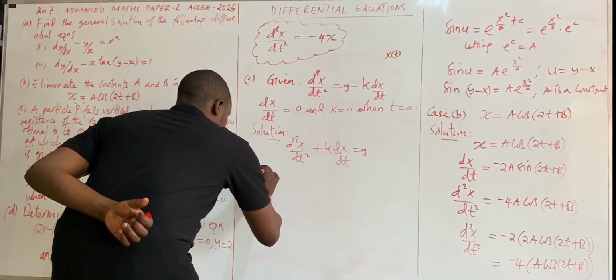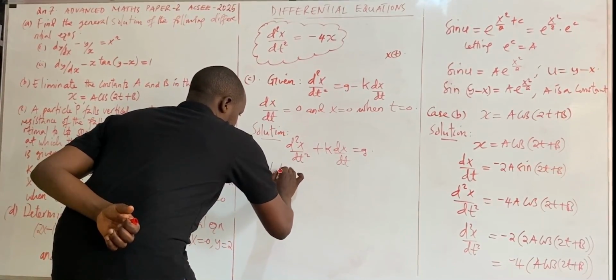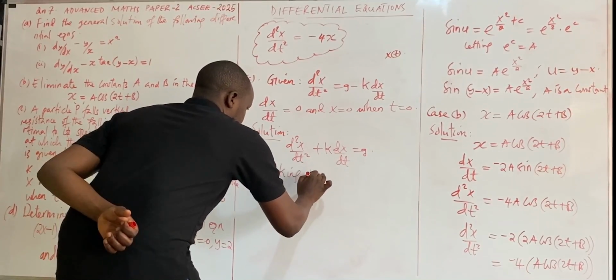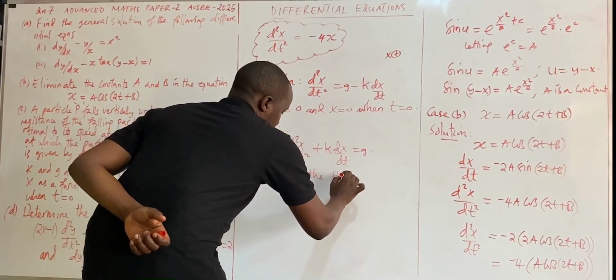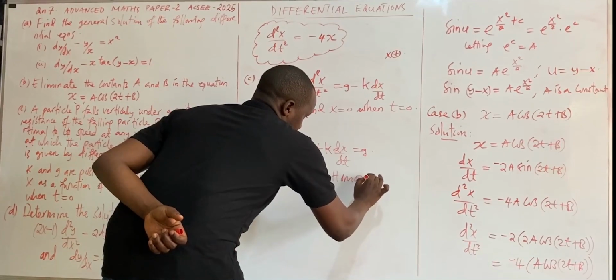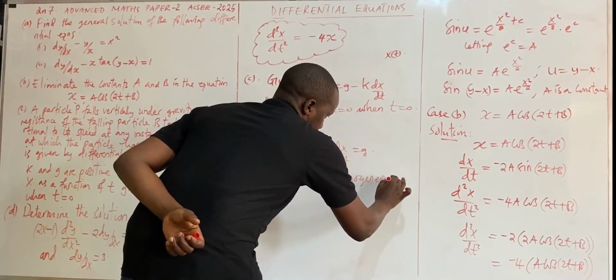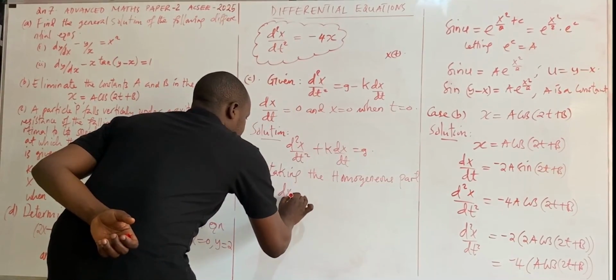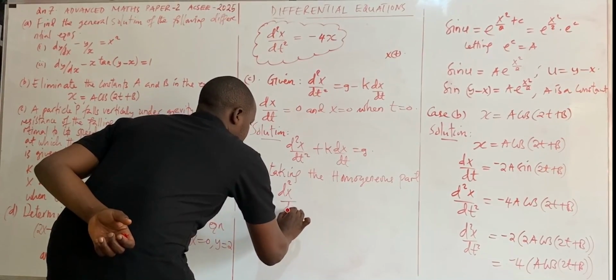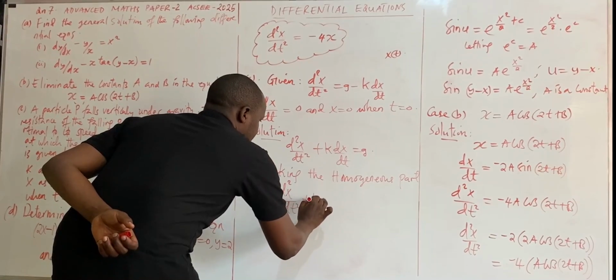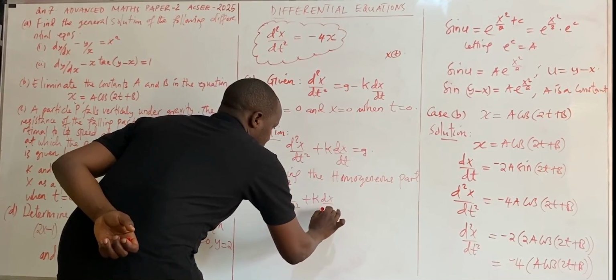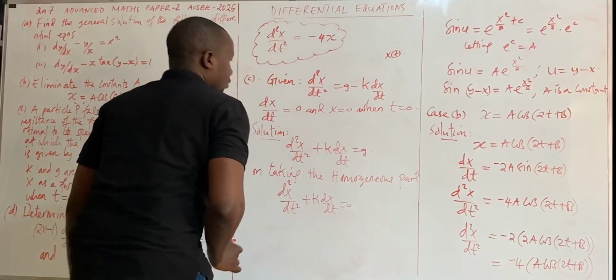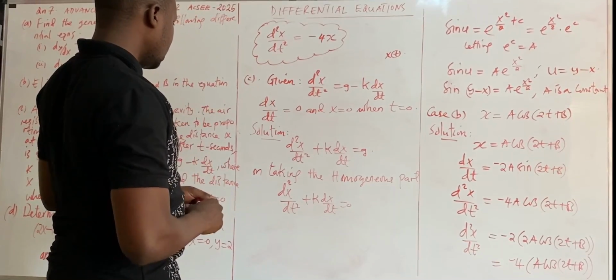Taking the homogeneous part, d squared x over dt squared plus k dx/dt, we assume equals 0.